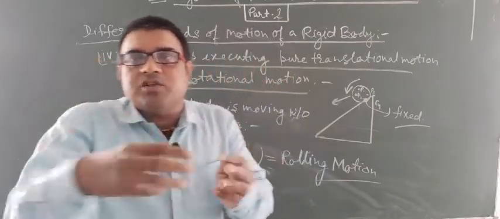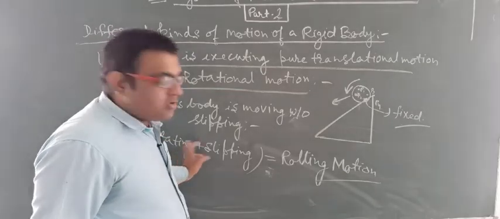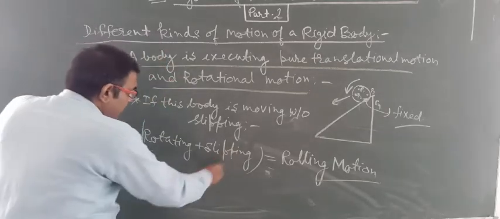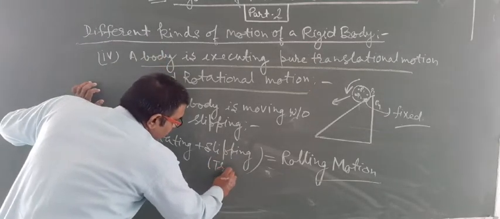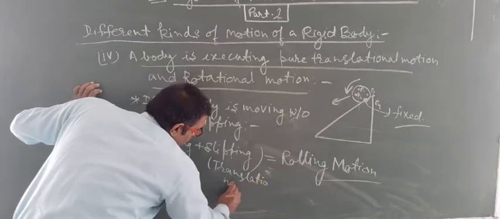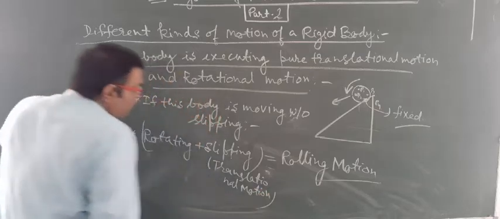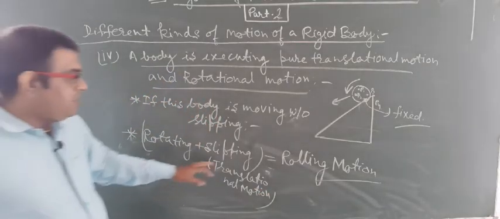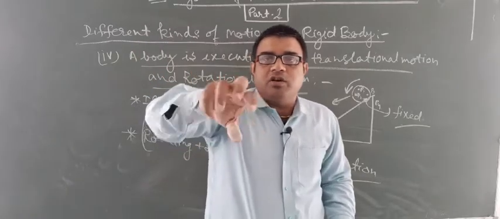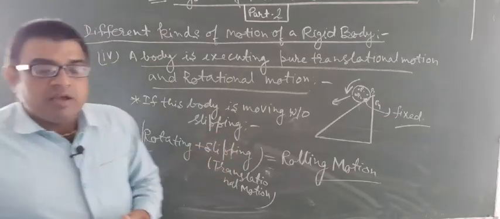If these two motions are combined together, rotational motion plus translational motion, that is slipping motion, it can also be considered as translational motion. So these two motions combine together to give the rolling motion, and the body is rolling on that surface. So these are the different types of motions we had discussed.